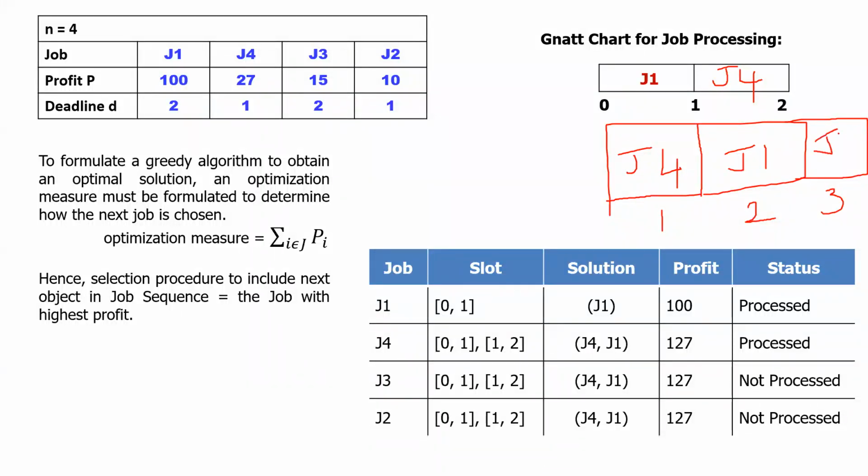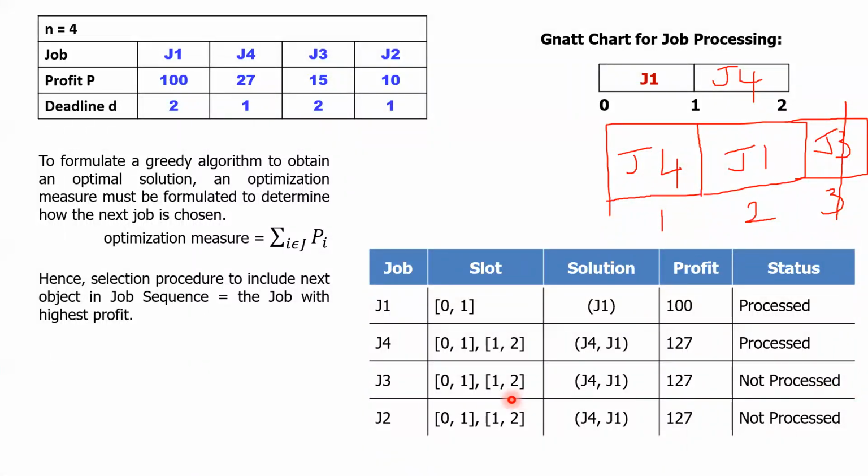I can schedule J3 here. Then if I schedule J3 in the 3rd time unit, it is violating the constraint. J3 is not being completed before its deadline. So I cannot schedule J3 in the 3rd time unit. So J3 is not processed.